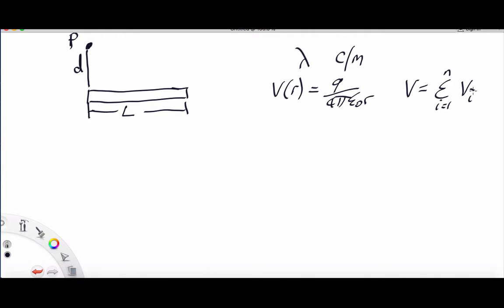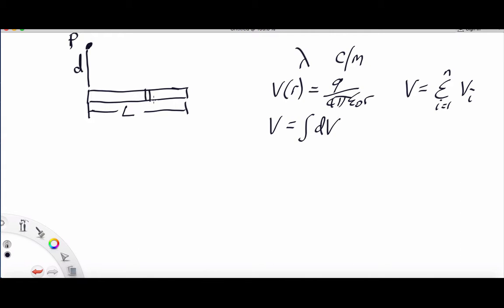Here we don't have a bunch of individual point charges, but we have a continuous charge. So now we're going to be saying that V is the integral of every little element dV along the line.